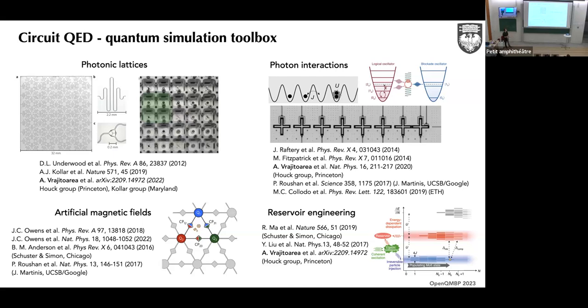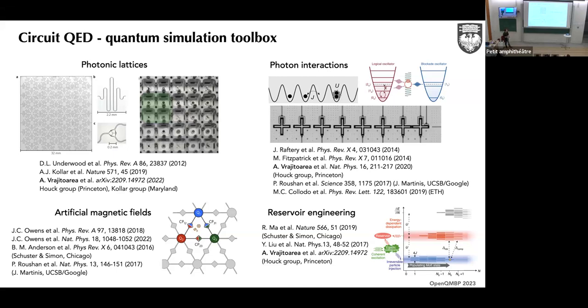And then you can harness nonlinear circuits composed of Josephson junctions in order to mediate interactions between photons. And the fact that you have dissipation, as we'll see later in this workshop, actually is not a bad thing. You can even leverage dissipation to engineer reservoirs where we can efficiently thermalize certain many-body states. And we can also introduce artificial gauge fields and look at topological materials.